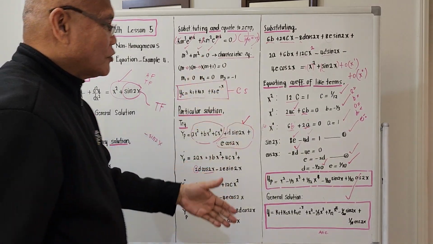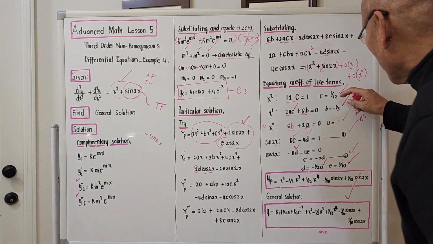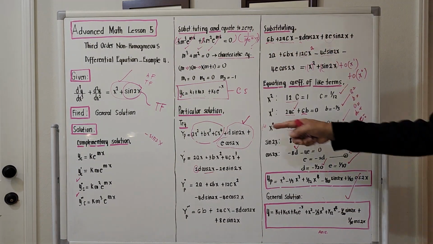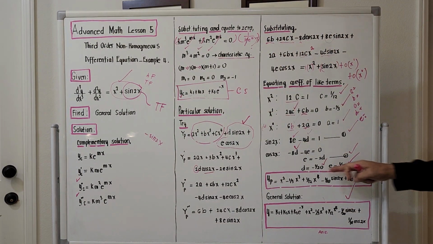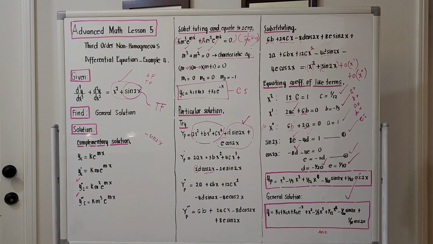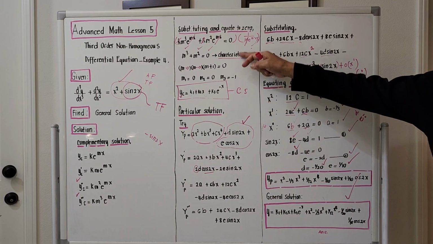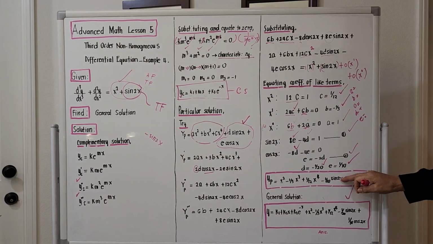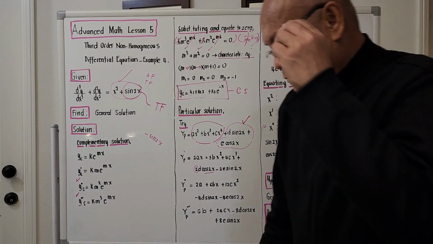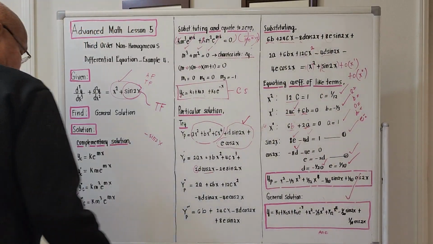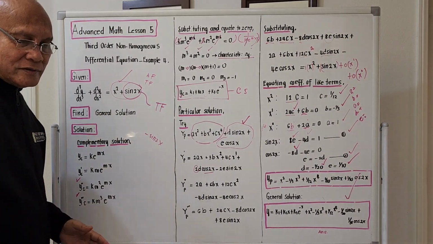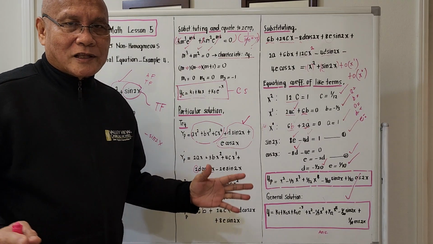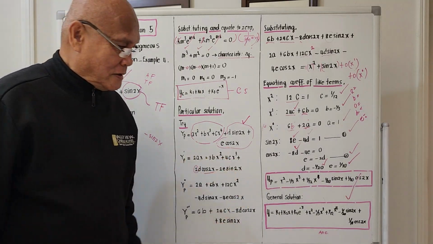So after the computation of the unknown coefficients of the particular solution, you can bring out now the particular solution. So to bring out the total general solution, it will just be simply the complementary plus the particular. That's it, guys. So for those people or students who are taking advanced mathematics, this is for you guys.